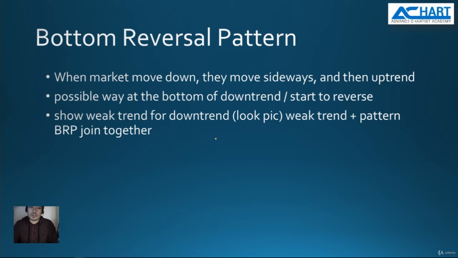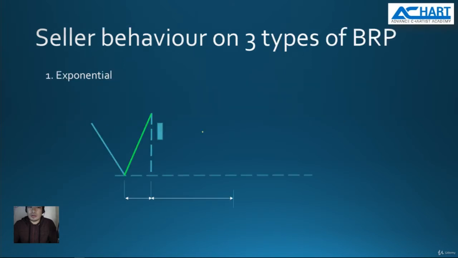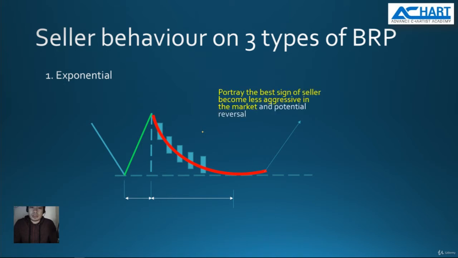Now this is seller behavior on the three types of bottom reversal pattern. Number one is exponential. We can see the candlestick makes this kind of movement, a parabolic movement. This is the best indication. It portrays the best sign of the seller becoming less aggressive in the market and a potential reversal.